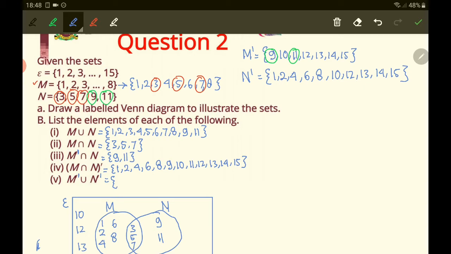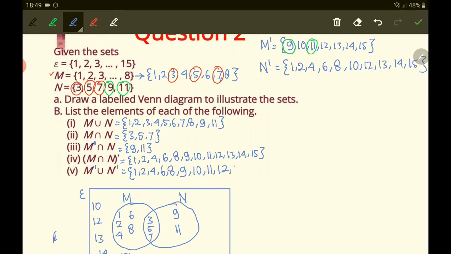First I'm going to write 1, 2, 4, 6, 8, and then 9, and then 10, and then 11, 12, and then next 13, and then 14, and then 15.